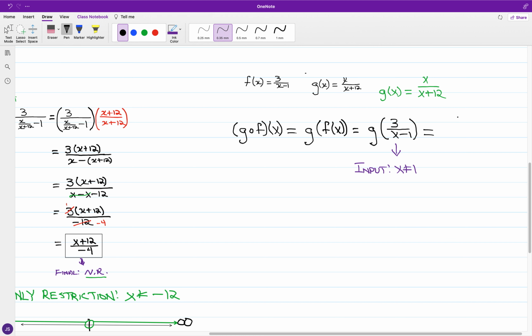Your x at the top is going to be 3 over x minus 1. And for x plus 12 at the bottom, with the input at 3 over x minus 1, we're going to have 3 over x minus 1 followed by the addition of 12. And we can take care of the denominator x minus 1 in both the top and bottom parts of this fraction, multiplying by 1 in the form of x minus 1 over itself.